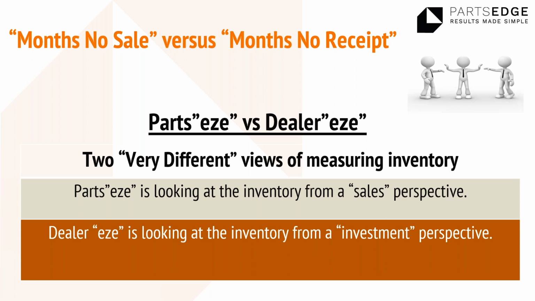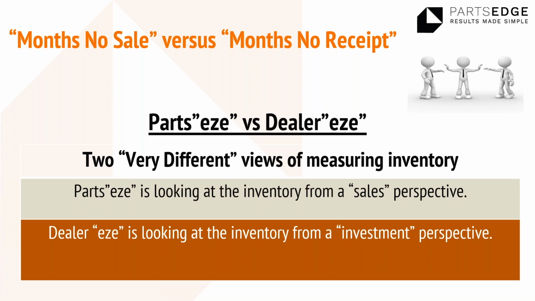But one of the things you have to understand about this correlation between months no sale and months no receipt is there's really two different languages that are taught at the dealership level. There's partsies and there's dealersies. And believe you me, these are two very different views of measuring inventory.